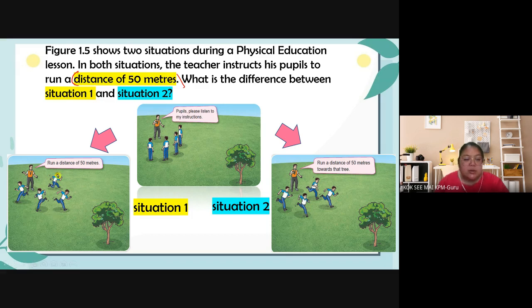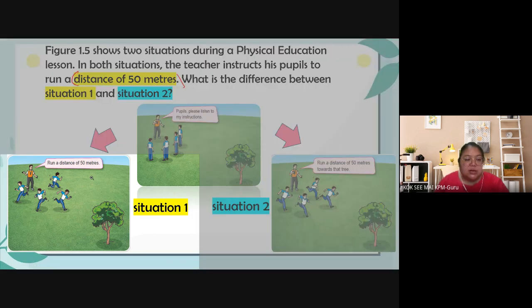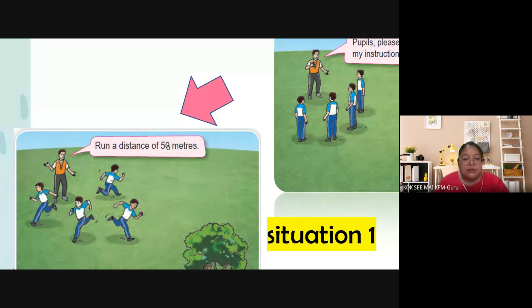No. You see the instruction from the teacher. First, run a distance of 50 meters.